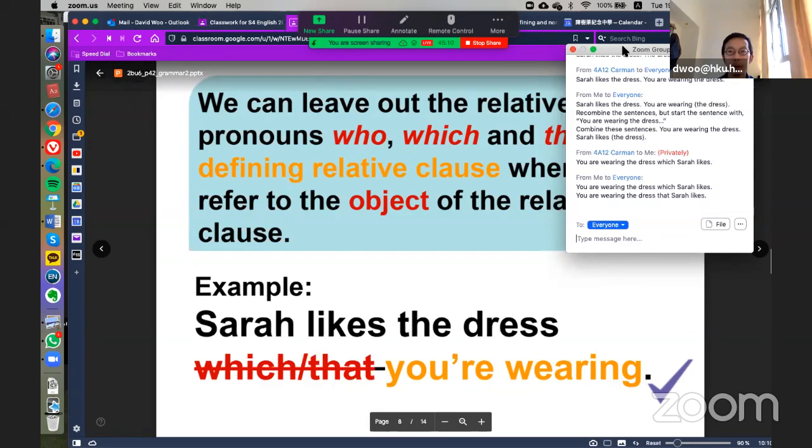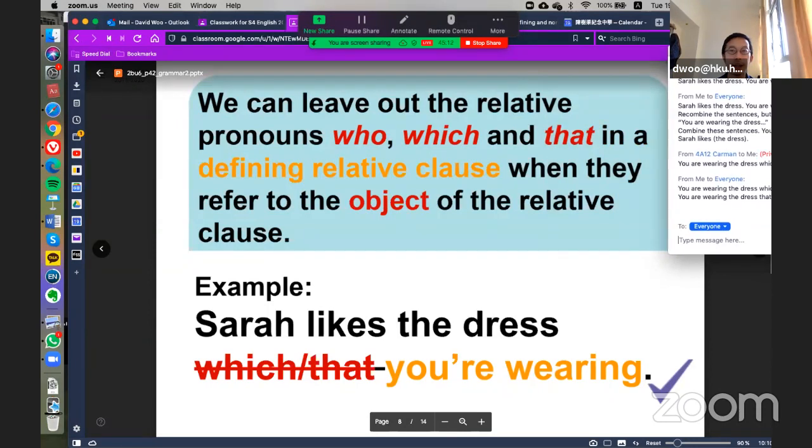Here's a clue. Think about this slide. What is the purpose of this slide? Do you understand what this slide means?